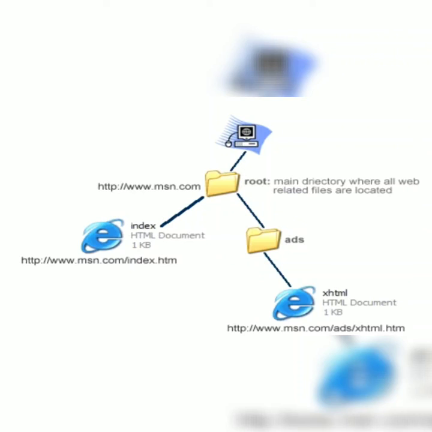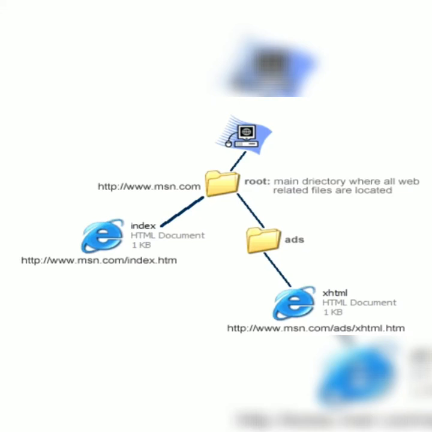MSN is the Microsoft Network, which is supported by the browser Internet Explorer. Suppose you are accessing a file directly at that particular web address, you'll be moved to that particular index page like www.msn.com/index.html. Here index is the file name, so you are directly accessing that particular file in that website.